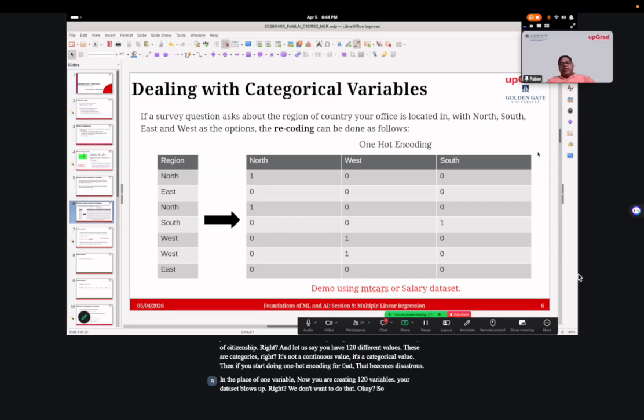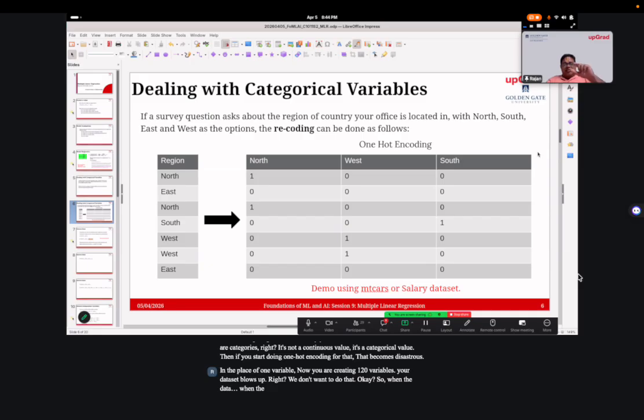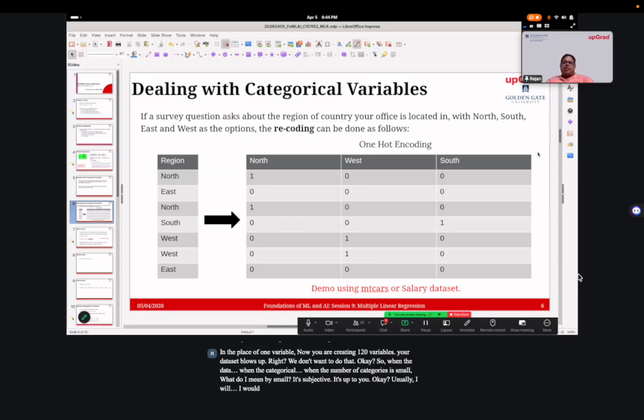Okay. So when the number of categories is small, what do I mean by small? It's subjective. It's up to you. Usually I will say probably about a dozen or less.